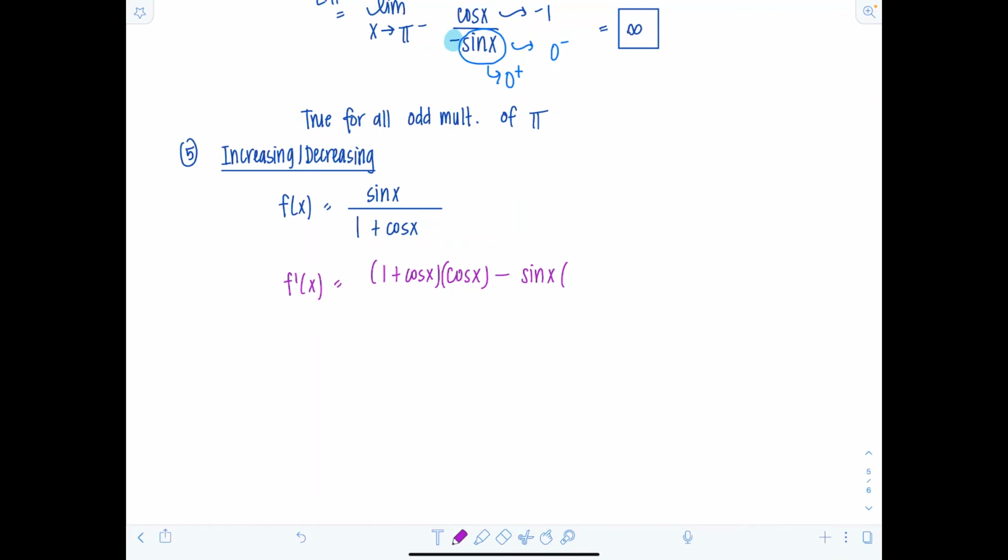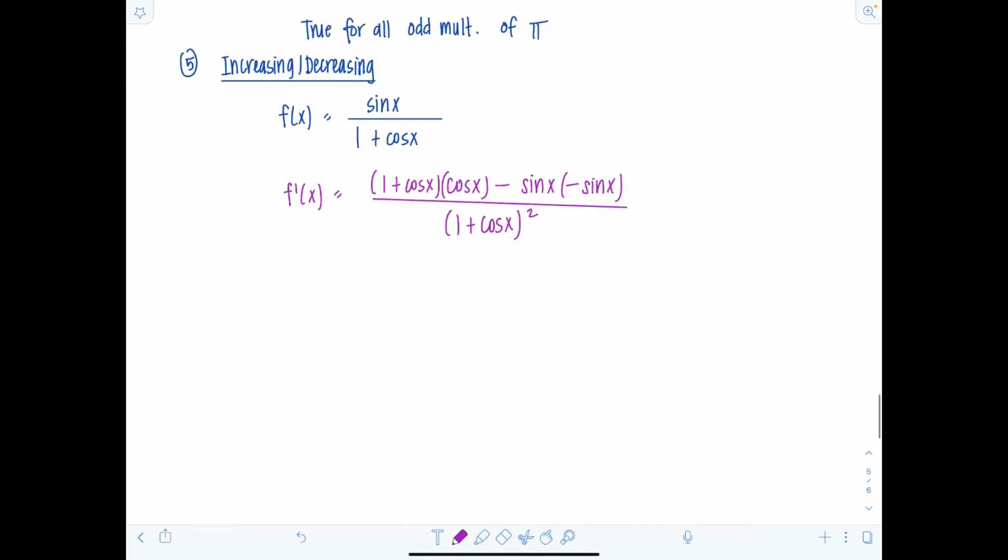Derivative of the denominator is going to be negative sine x, over low, low. So 1 plus cosine x squared. All right, we're going to distribute up a storm here. We've got 1 plus cosine squared x plus sine squared x over 1 plus cosine of x squared.